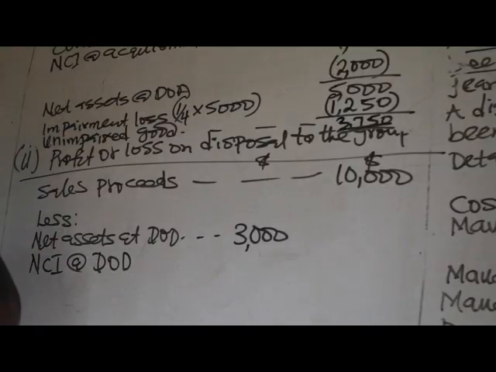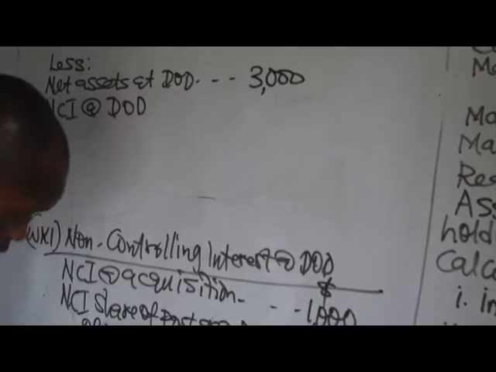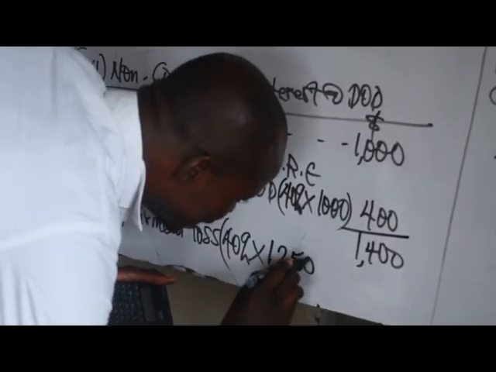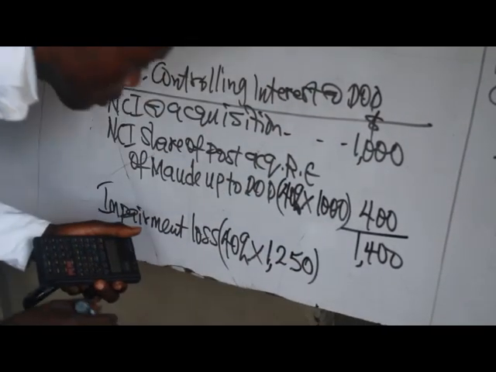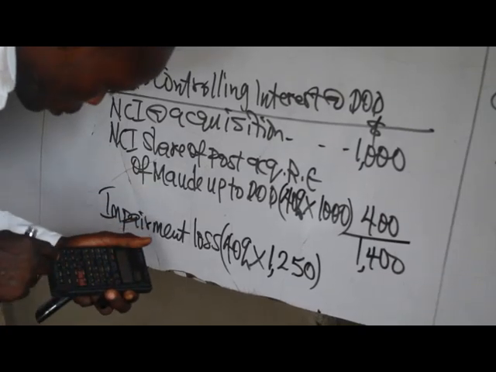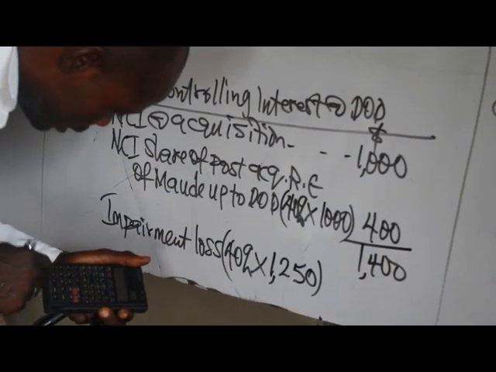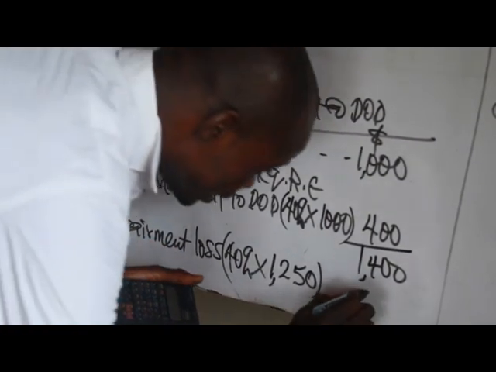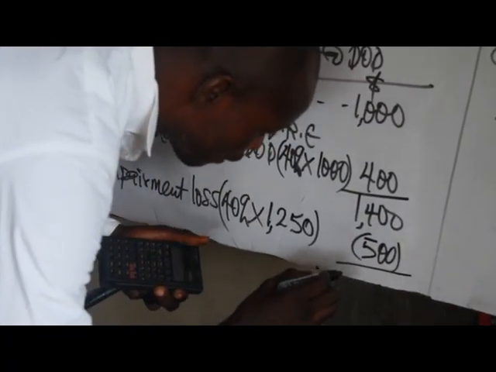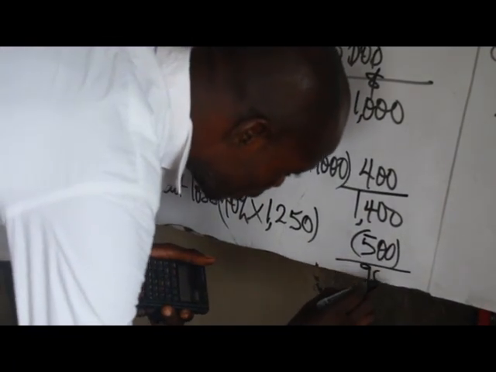So we are going to share it between parent and NCI. So 40% of 1,250 will be charged against the NCI. I've told you that where the policy is proportional, you don't need to deduct that. So 40% of 1,250, we have 500. If you subtract 500 from 1,400, you'll be left with 900.